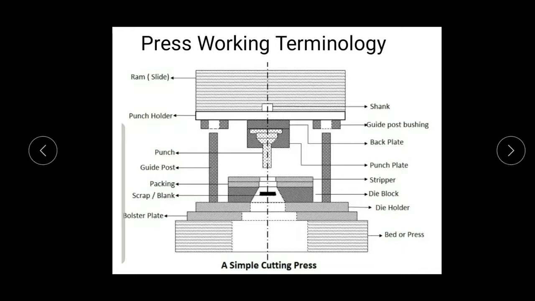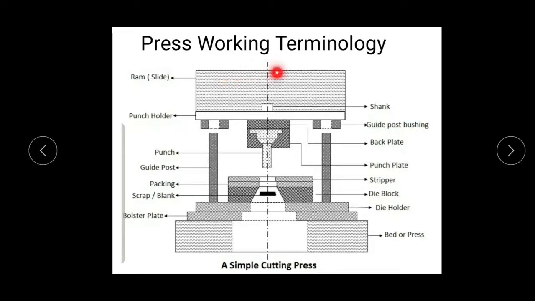You can see there are different parts. So there is a ram. Ram is a moving component of the press which transfers the mechanical or hydraulic force from the flywheel or hydraulic system. So this is a ram which slides up and down as per requirement.